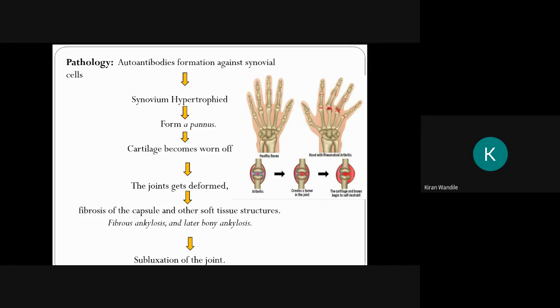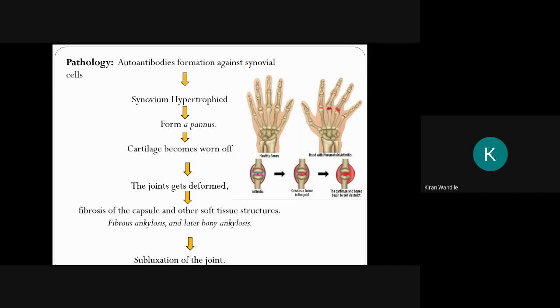So as you can see, with the pannus formation, the cartilage loses its smooth and shiny texture, and when this cartilage is affected, the pannus starts eroding from the periphery of the cartilage, and then gradually this pannus burrows into the subchondral bone. So this is the sequence how this pannus is responsible for damaging the cartilage as well as the subchondral bone.